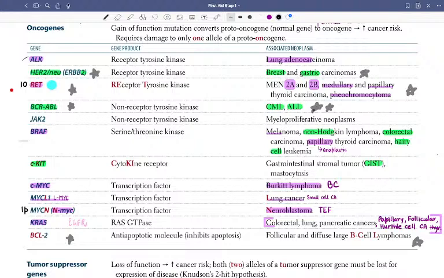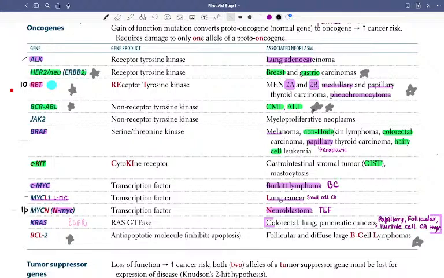L-MYC or MYCL1 is lung, so L stands for lung, small cell carcinoma. And N-MYC is neuroblastoma, on 1p.